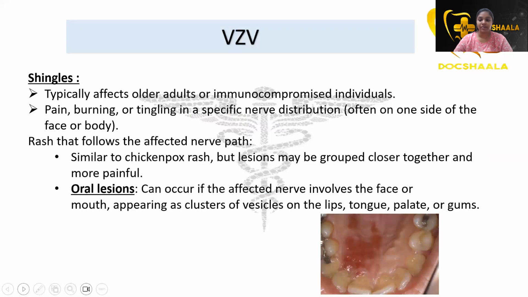So let's just see about shingles. Shingles is a reactivated infection of chickenpox. That is, this virus will also be latent, that is in a dormant stage, and when it is getting reactivated, it will show some symptoms. So why will it get reactivated? It will get reactivated in some older adults or in immunocompromised individuals.